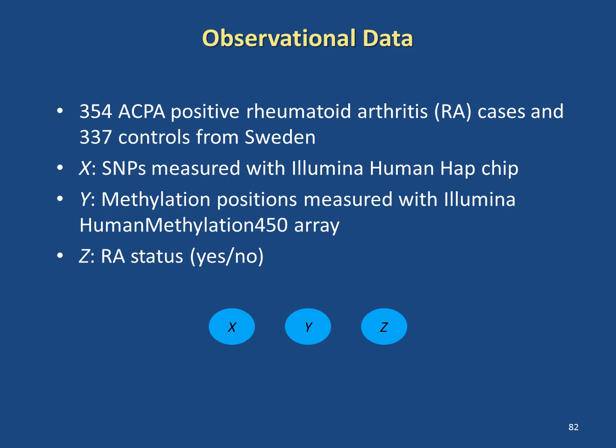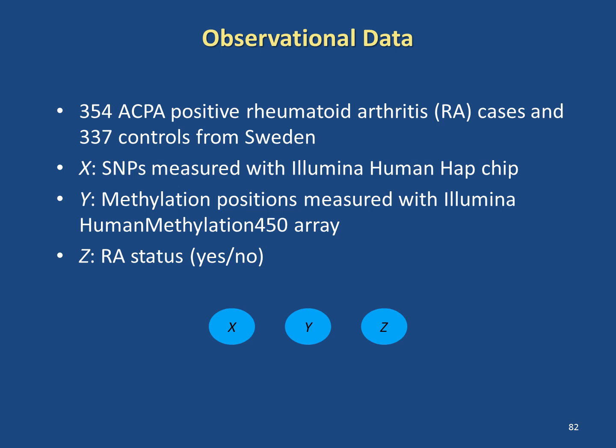So they used 354 positive rheumatoid arthritis cases and 337 controls from patients in Sweden. In their case, X represents a SNP measured with an Illumina chip. Y represents DNA methylation positions, again with an Illumina array.